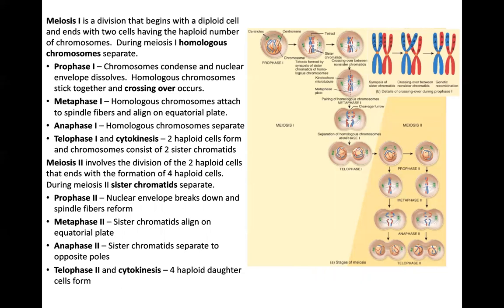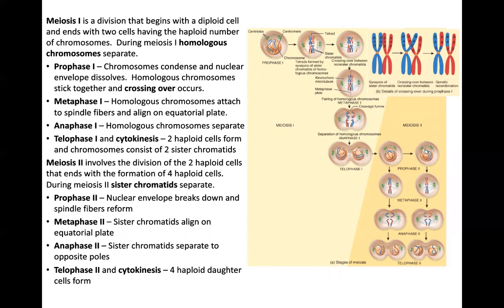Meiosis 1 is a division that begins with our diploid stem cell. As a result of this process, we end up with 2 cells, both of which have the haploid number of chromosomes. So this is where we go from 46 chromosomes to now each only having 23.